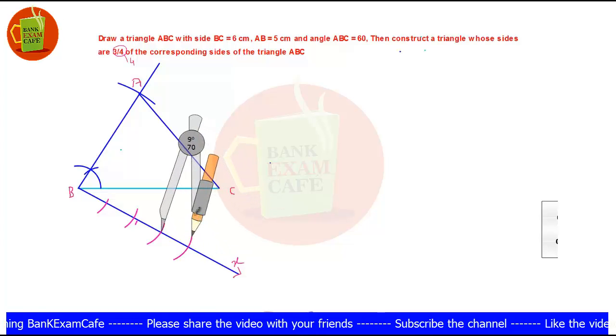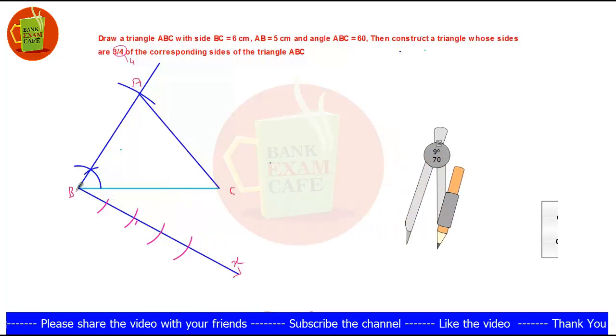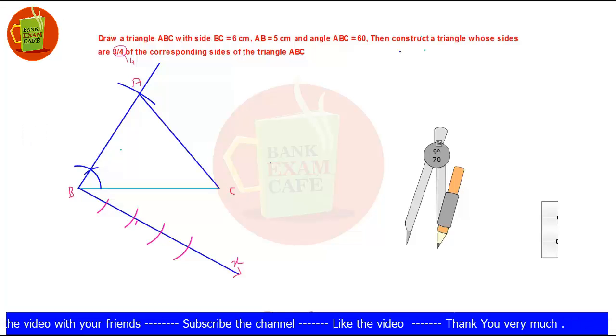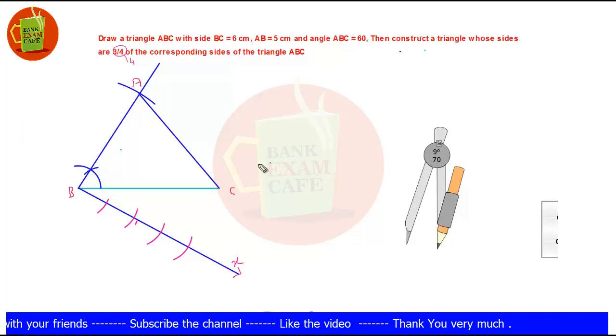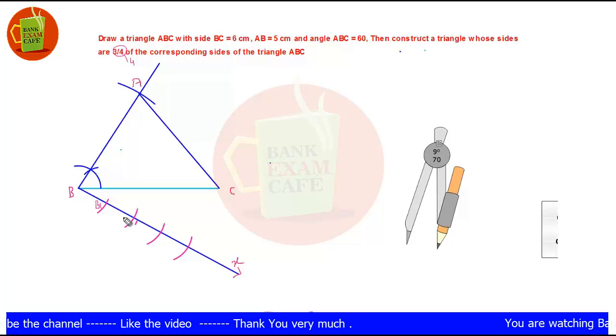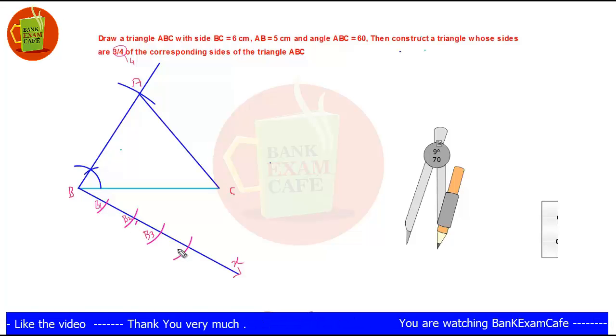So these four arcs will be at equal distances from point B, and so name these points of intersection as B1, this as B2, this as B3, and this as B4.